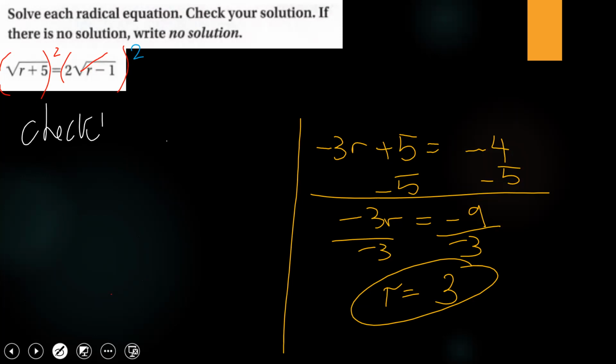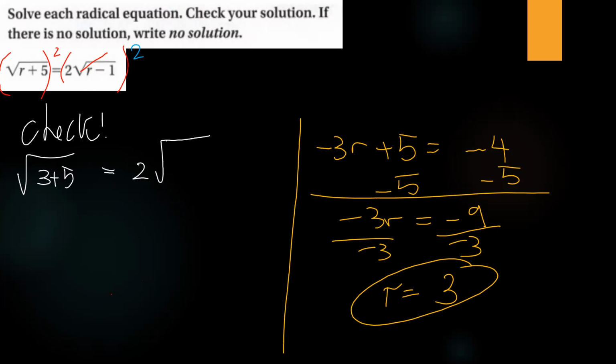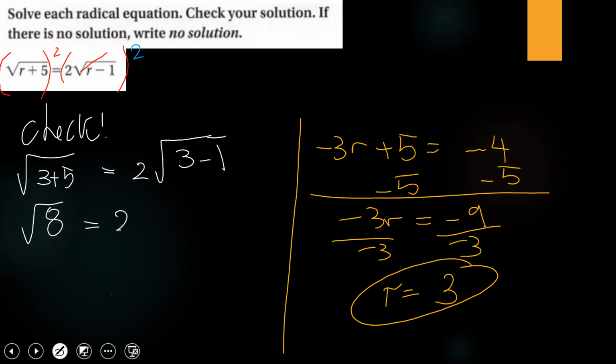So r is 3. 3 plus 5, is it 2 square root of 3 minus 1? Let's see. 3 plus 5 is 8. Is 8 equal to 2 times square root of 2?